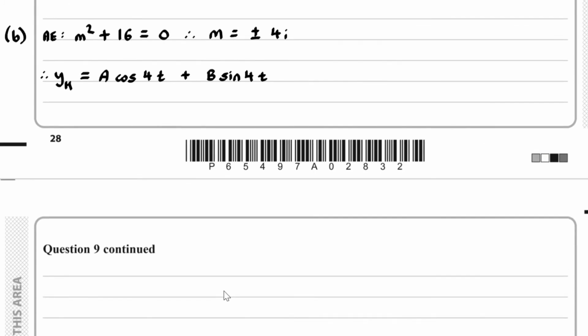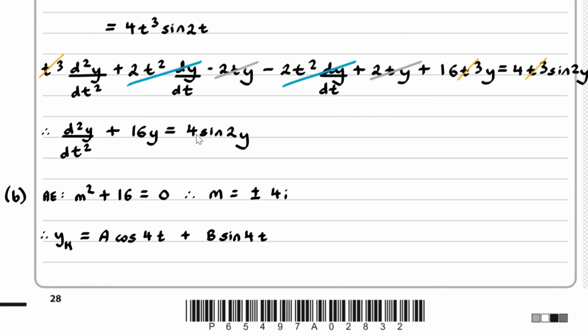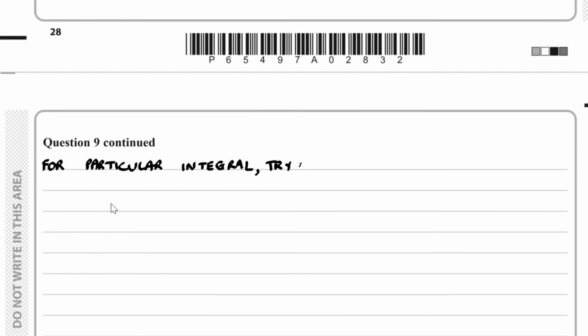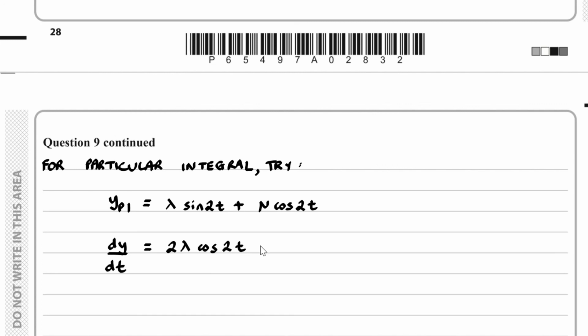Now we need to find our particular integral. So for our particular integral, well, on the right hand side we've got 4 sine 2t. So for our particular integral yP, let's try lambda times sine 2t plus mu times cos 2t. And if I differentiate, dy over dt is equal to 2 lambda cos 2t minus 2 mu sine 2t.